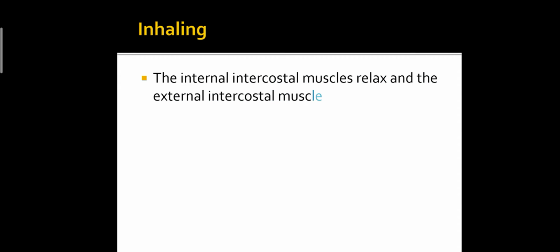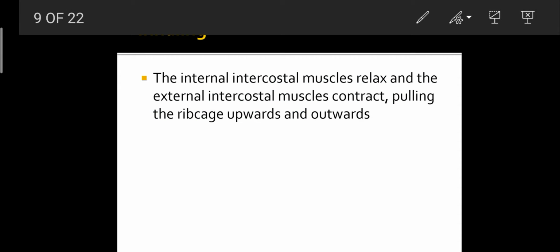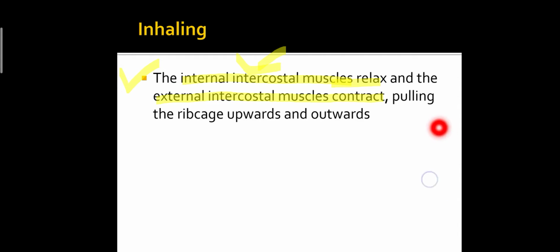What is the process of inhaling and how does it take place? Inhaling occurs when the internal intercostal muscles relax and the external intercostal muscles contract. They pull the rib cage upward and outwards.